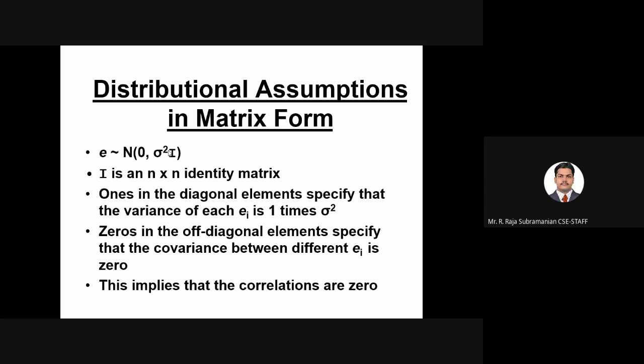And the diagonal elements specify that the variance between the element and itself is equal to 1. That is, if I take the variance of x with x, then it will be equal to 1. And the off-diagonal elements, other than the main diagonal elements, if they are equal to 0, then it means that all the errors are purely independent. The correlation between all the error values will be equal to 0.